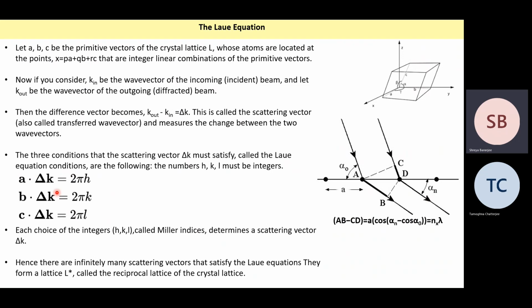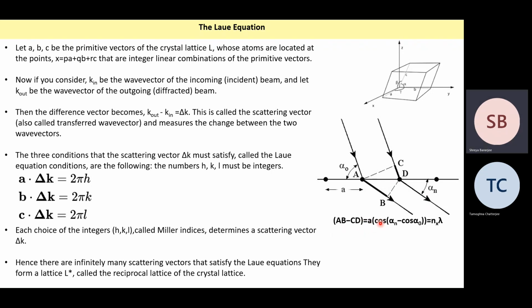So basically, where does this come from? Here you are dealing with just a one-dimensional system. In this one-dimensional system, if you consider the difference in the distance traveled between the diffracted and the incident rays, you can see that this difference is AB minus CD. So if you consider the journey of ray 1 and the journey of ray 2, the difference between the lengths that they have traveled is AB minus CD.